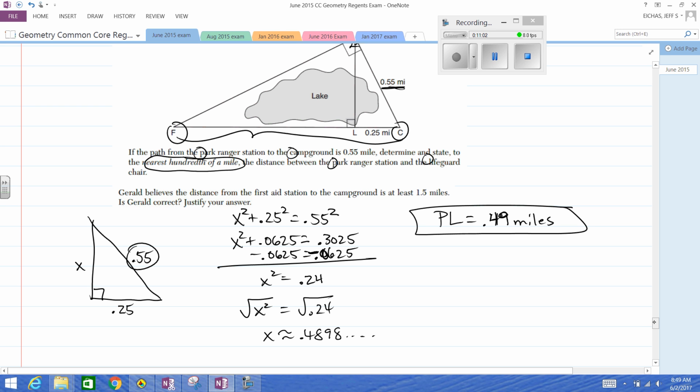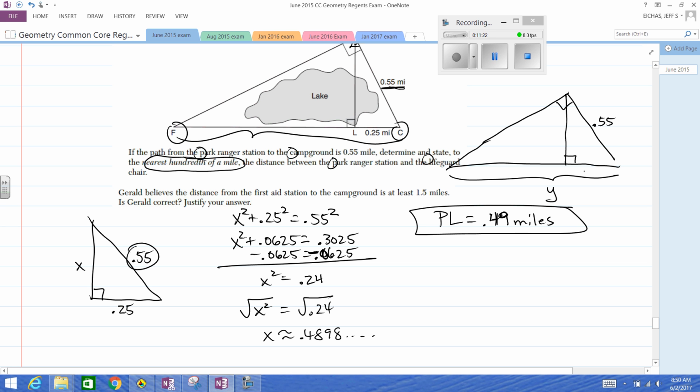Now, when we do this three right triangles problem, there are a lot of ways to do this. We could write similarity statements. We could try to match up corresponding sides, but let me just call this y. This is 0.55 and this is 0.25. So this whole distance is just perfect for us right here.